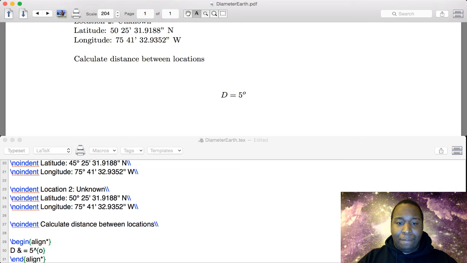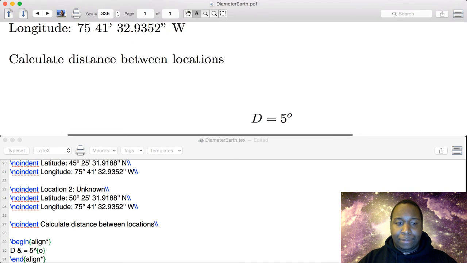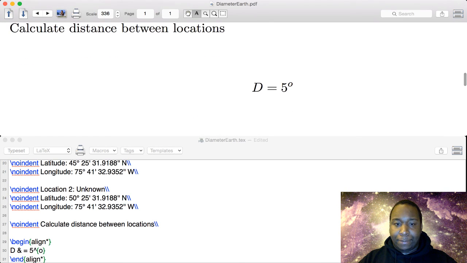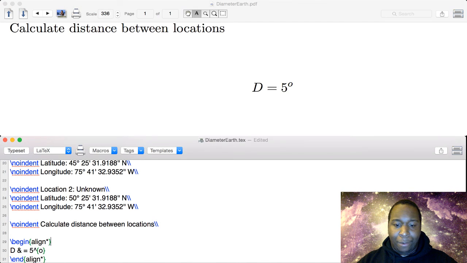I'm going to make that bigger so that we can see it better. I don't remember exactly what the proper syntax is in LaTeX for getting the degree sign.